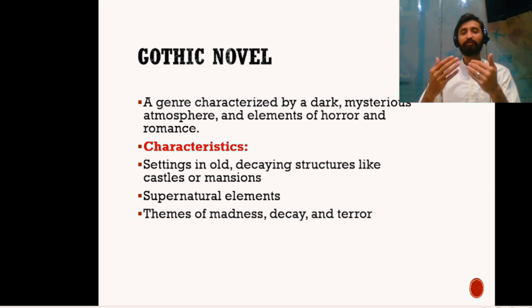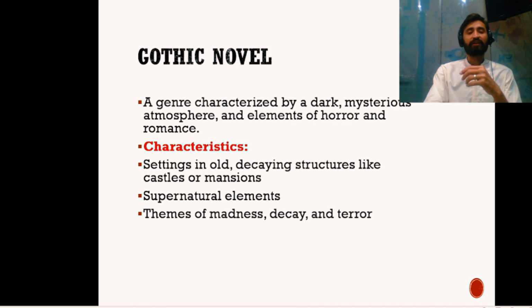Like you would sometimes hear sounds that are not made by humans, or a kind of setting that is not actually possible, and that adds to the element of horror. Now there are themes of madness, decay, and terror. These are the different characteristics.